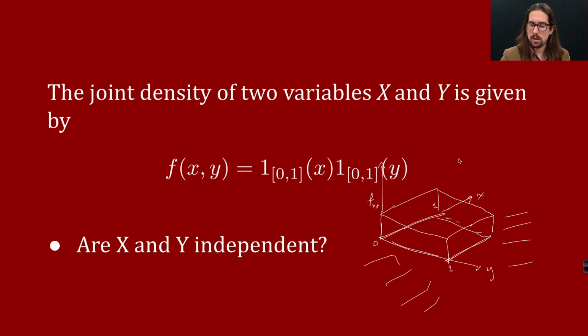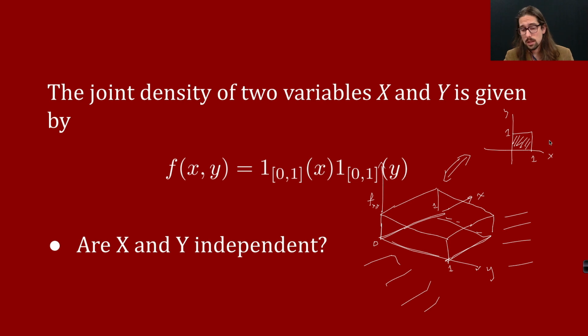Another way to visualize this might be as a heat map on the xy plane. So here's x and y, and then here is 1, 1. So here we have an area of high density, and elsewhere it's all 0. That is the joint density.